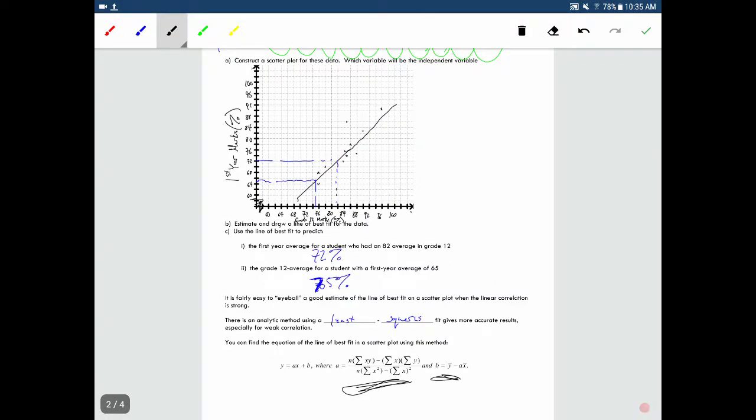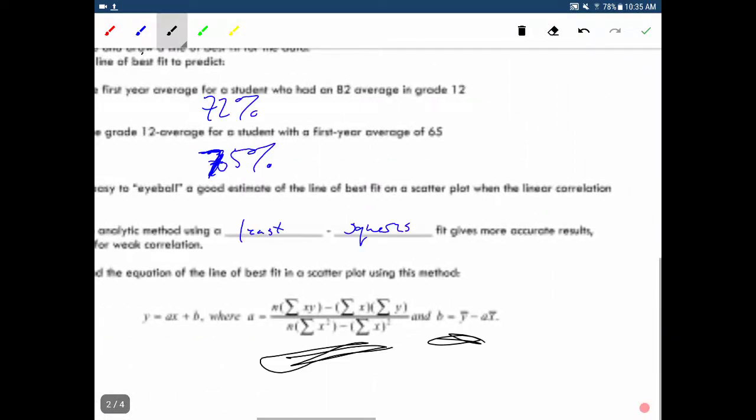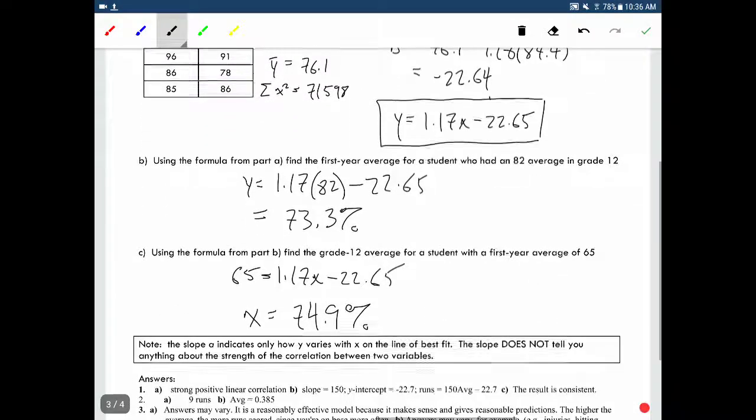What did we have there? Oh, we had 75. Oh, look at that. We were very close. Hold on, what did we have? We had 72 and 75, and it was supposed to be 73 and 75. Oh, wow. I think we did very well.